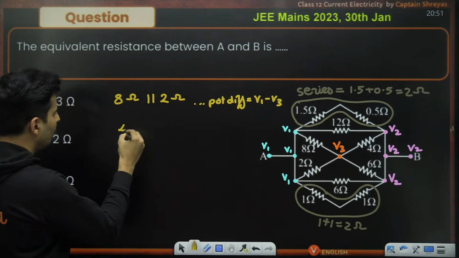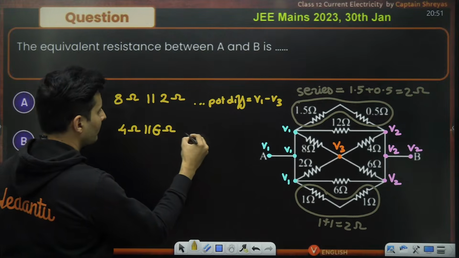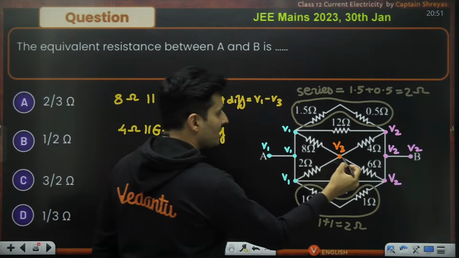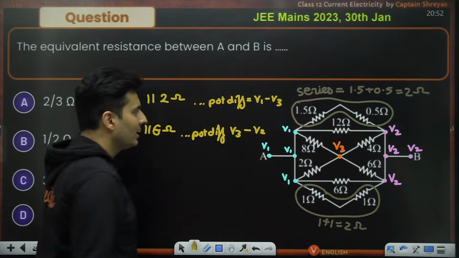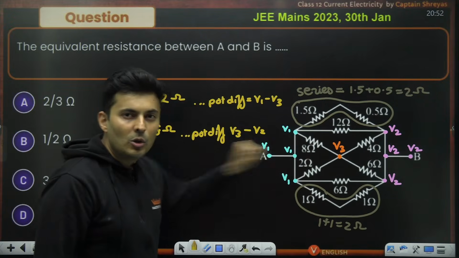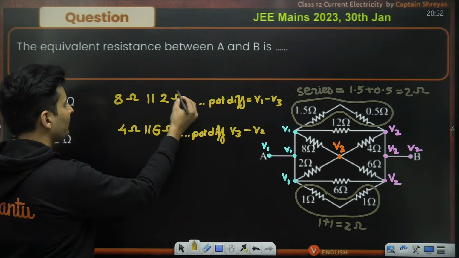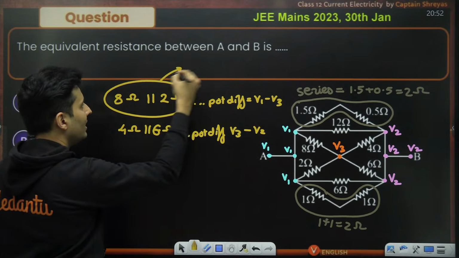Same thing, the 4 ohm is parallel to the 6 ohm, and the potential difference is V3 minus V2. So I can look at them in parallel.